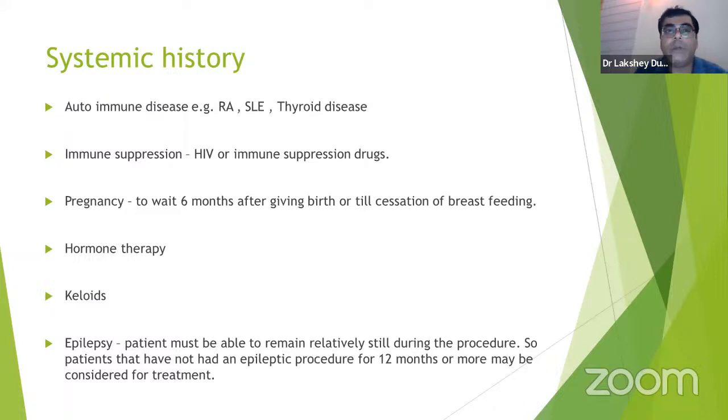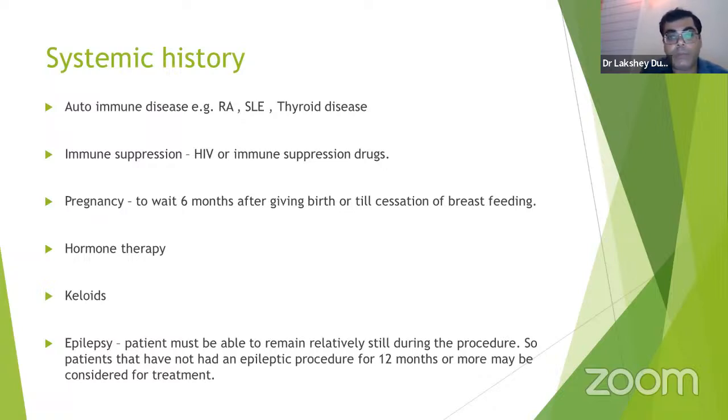Now we ask about systemic history. Autoimmune diseases like rheumatoid arthritis, SLE, thyroid disease, immune suppression, HIV, pregnancy or lactation. We should wait at least 6 months after cessation of breastfeeding, because this may cause a change in refraction.